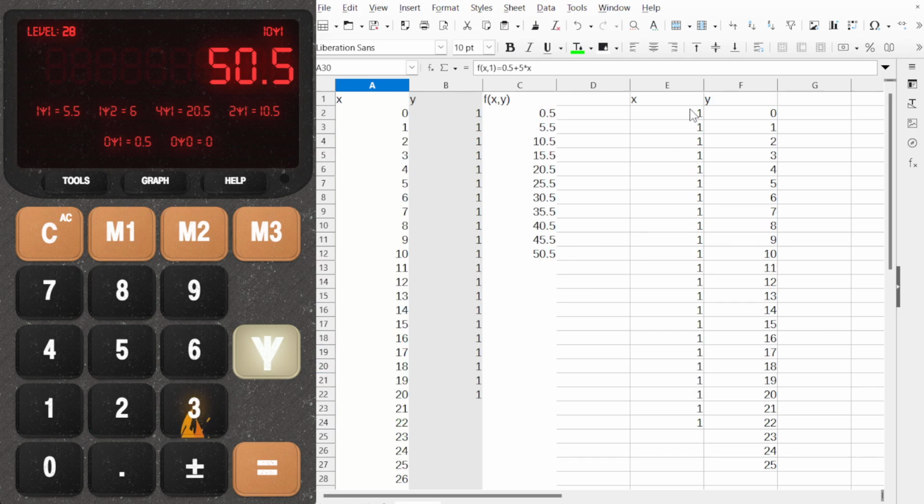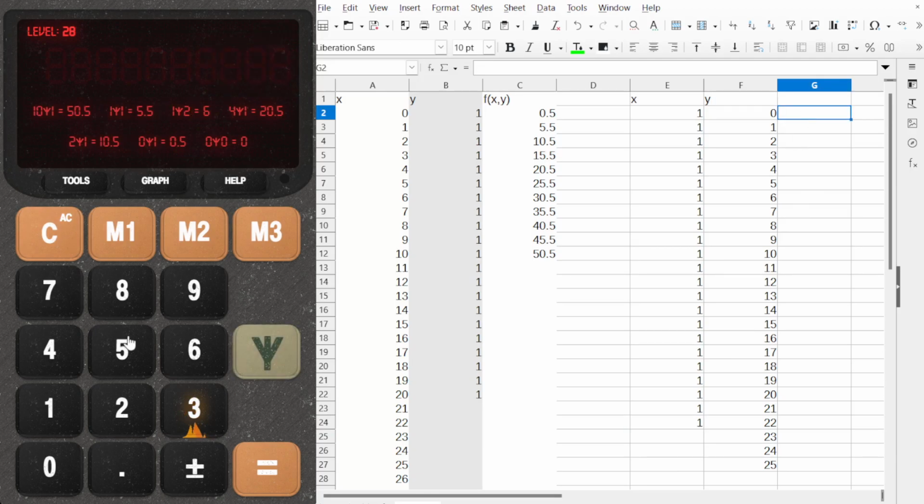Let's check the next set of data, this one. This is basically checking for symmetry. Is our function symmetric? So let's go through this once more. 1, 0, 5. 2, 0, 10.